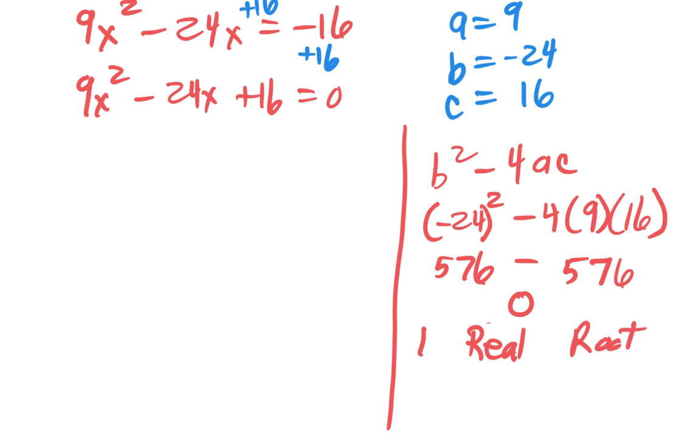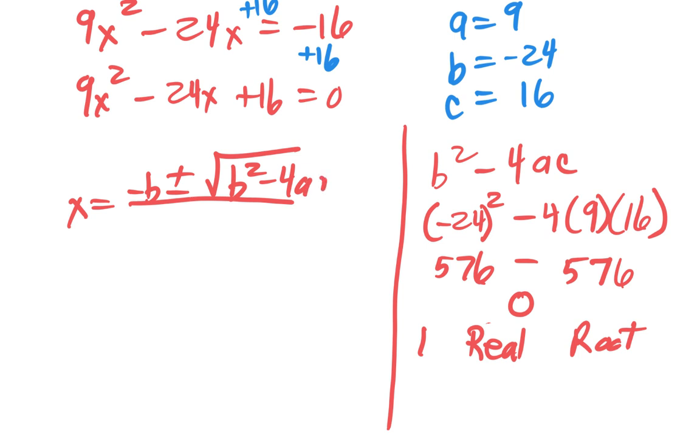Okay, so when I put this in my quadratic formula, x equals, let's just rewrite the whole thing, negative b plus minus square root b squared minus 4ac, all that over 2a. I know this part right here is going to be 0. So really I have negative b over 2a. So negative b is a negative 24.